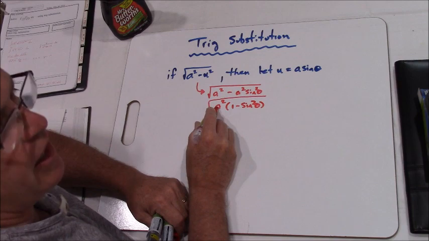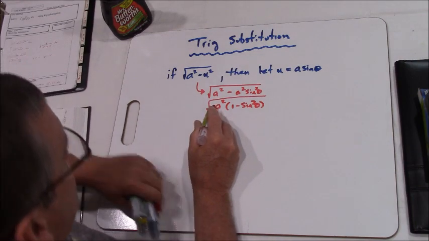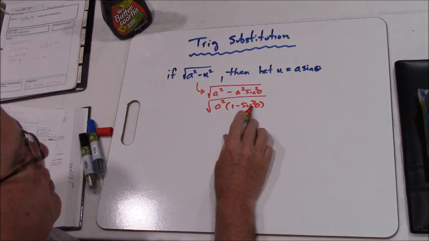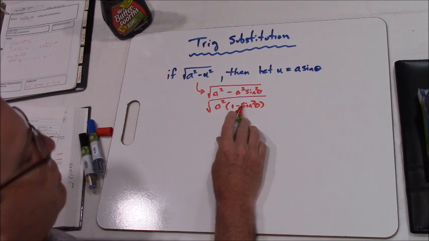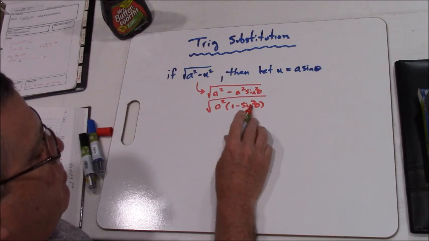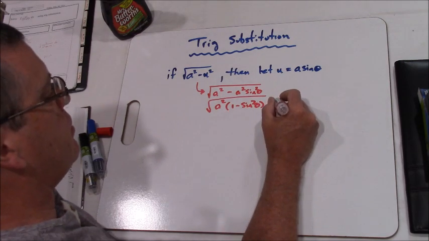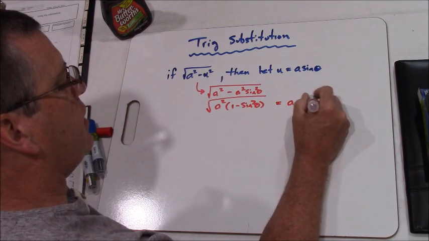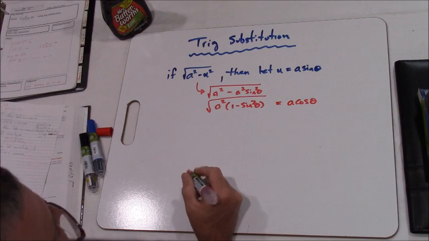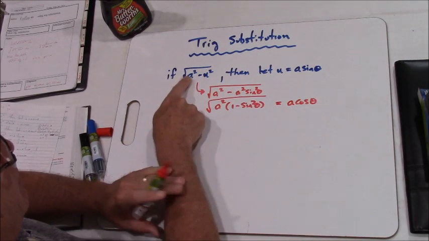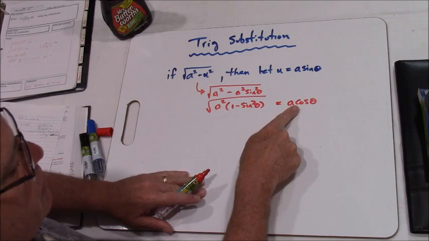Well, the square root of a squared is just a, and this right here looks like a Pythagorean identity. This is actually equal to cosine squared of theta. And so the square root of a squared cosine squared of theta is just a cosine theta. So by substituting this in, whatever expression we have becomes this right here.